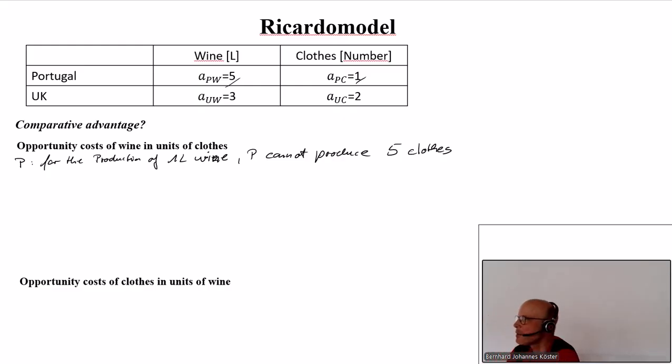So we are losing the possibility to produce 5 pieces of clothes.